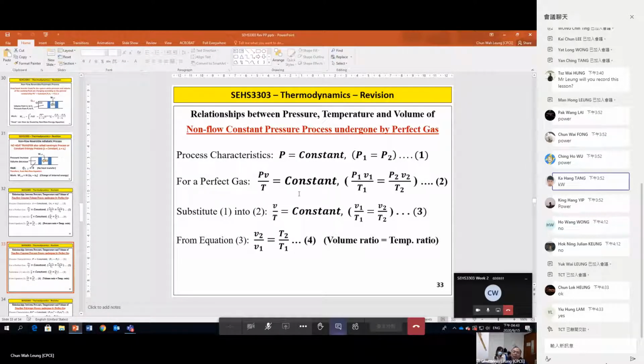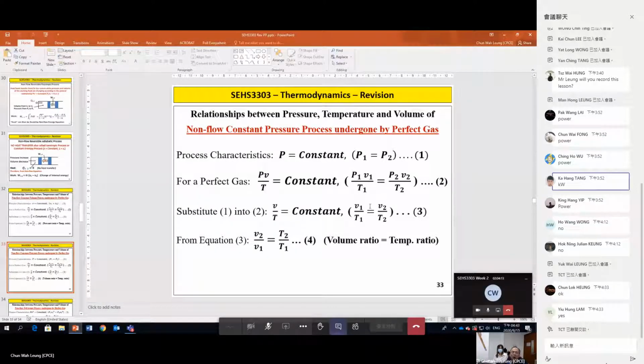Combine these two: PV over T equals constant, P equals constant, therefore V over T is also a constant. We may further rewrite this into V1 over T1 equals V2 over T2.